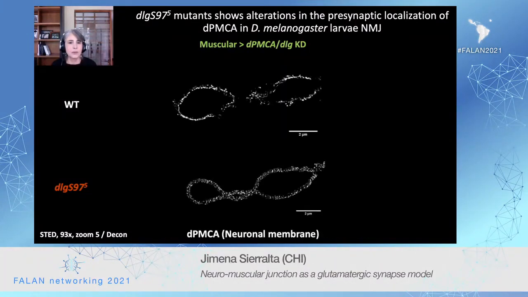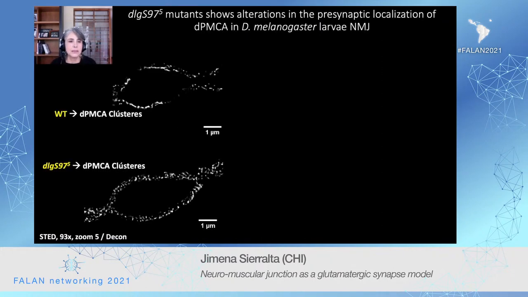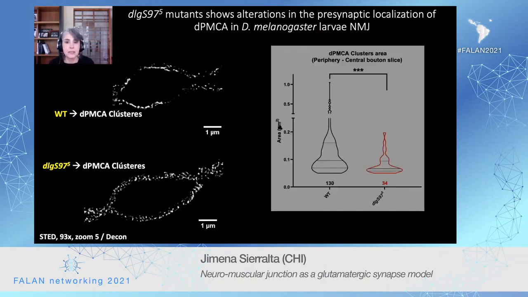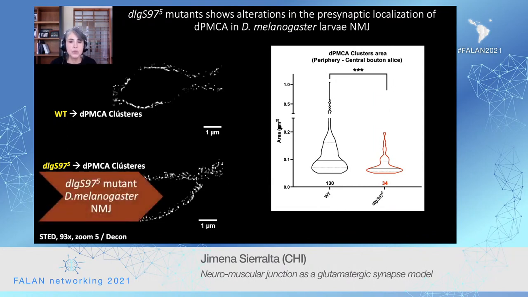To quantitate that, we again did the ROI only in the membrane, and we saw that the distribution of the size of the clusters is altered. So in DLG mutants, most of the clusters are very small, while in the wild type there are several big clusters that are completely absent in the DLG mutant. The difference in the distribution is significant.